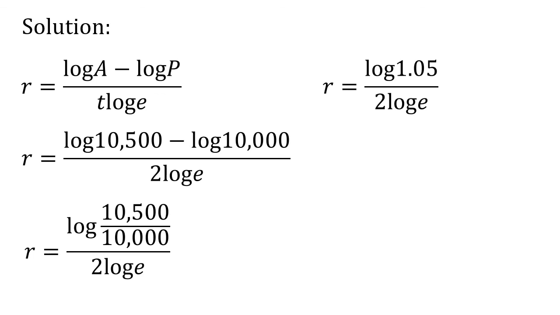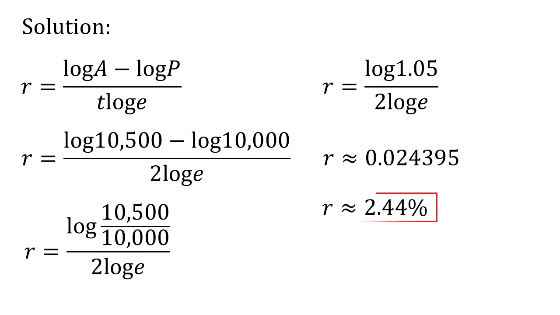Now we have r equals log 1.05 divided by 2 log e, and that's approximately equal to 0.024395. Express it into decimal, so r is approximately 2.44%. And that's the rate of interest that we are looking for.